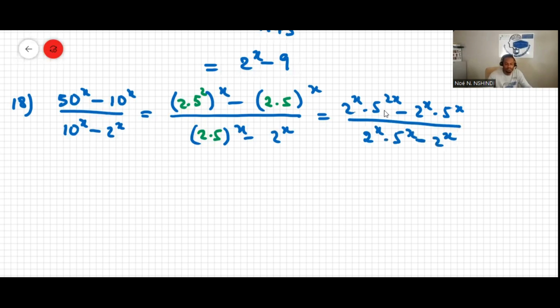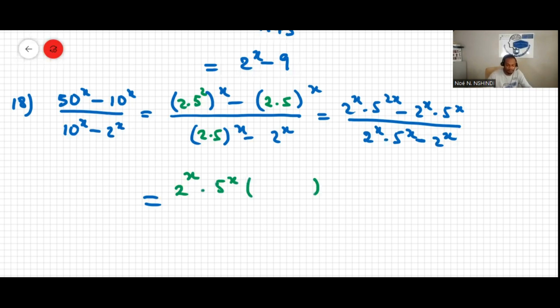Then we can take a common factor here. The common factor for the numerator, you see we have 2 to the x and also 2 to the x there. So we can take 2 to the x as the common factor. And then we have 5 to the 2x here and 5 to the x there. I can take also 5 to the x as the common factor.